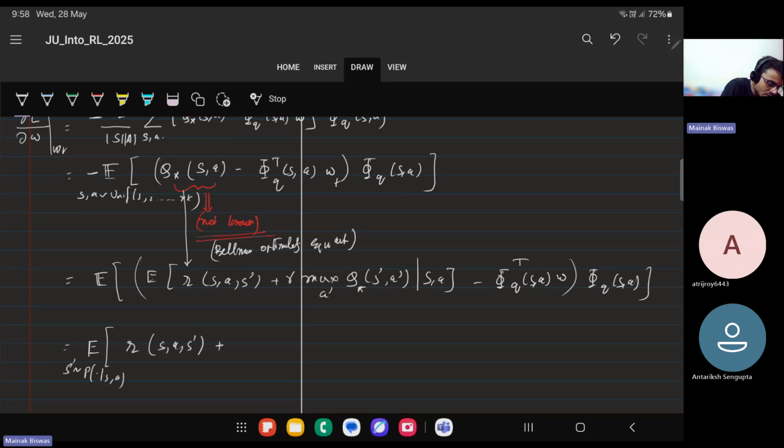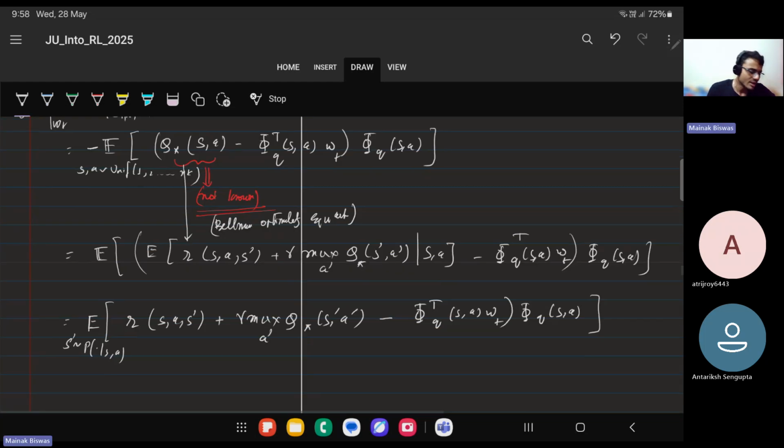S dash plus gamma times max of Q star of S dash comma A dash minus phi transpose W_T by Q of S, A. Now again, as we have seen that this algorithm converges, because Q star is not known, I can write an estimate of Q_T of S dash comma A dash, which is phi transpose of S dash comma A dash W_T.